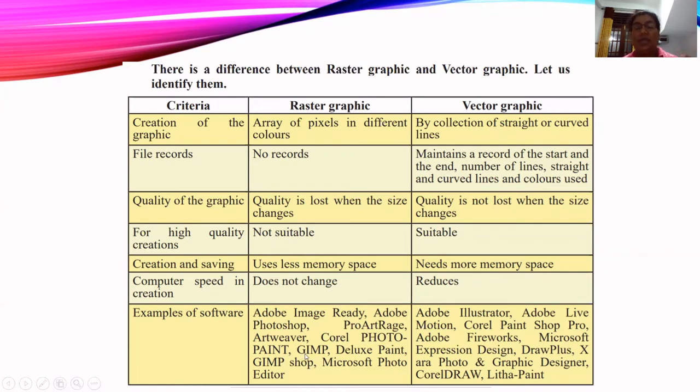GIMP is free software used to edit digital graphics. Understand what type of graphic it creates: it creates raster graphics, right? But for vector graphics, Adobe Illustrator and CorelDRAW are the example software to create them, right? Okay, so those are the things you have to remember.